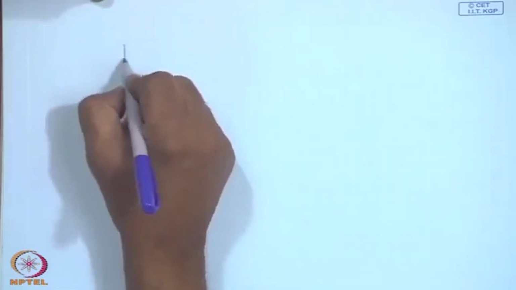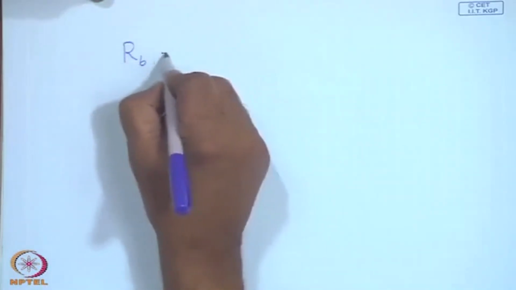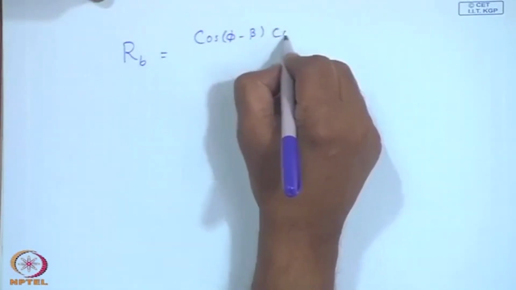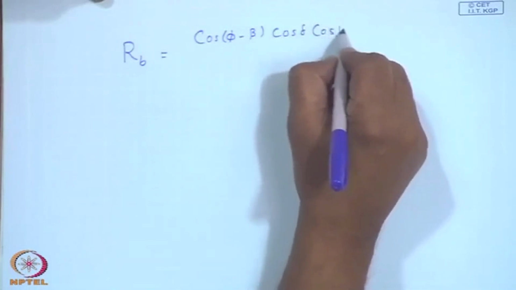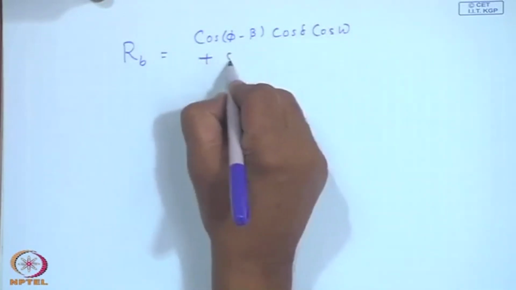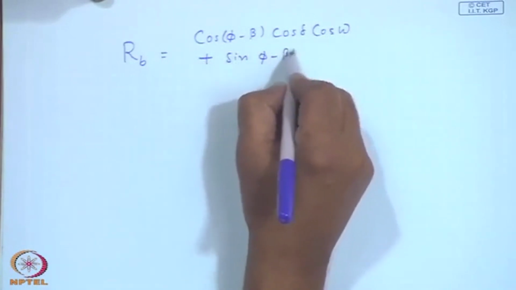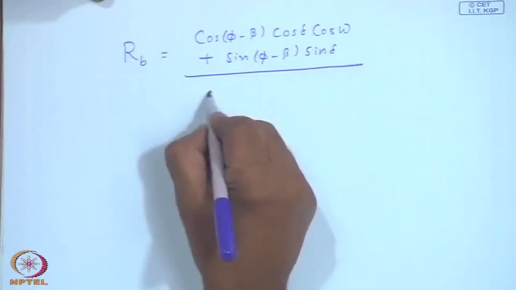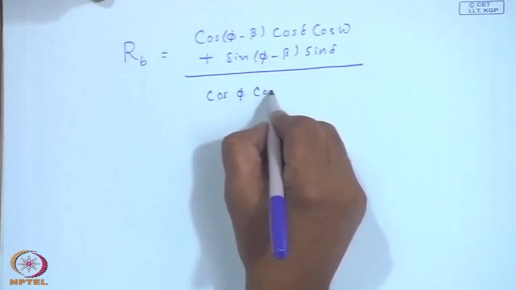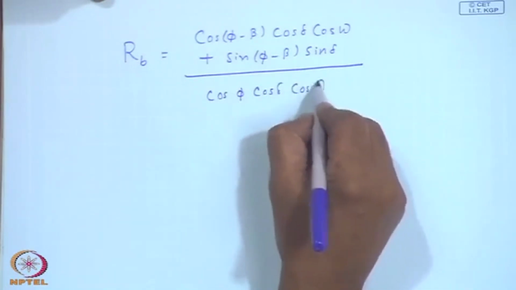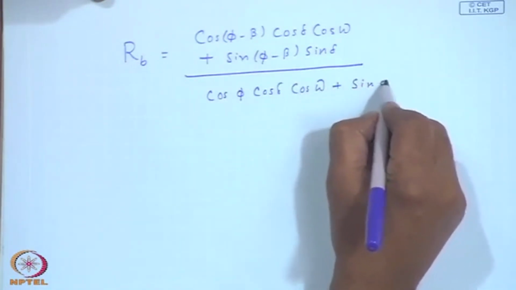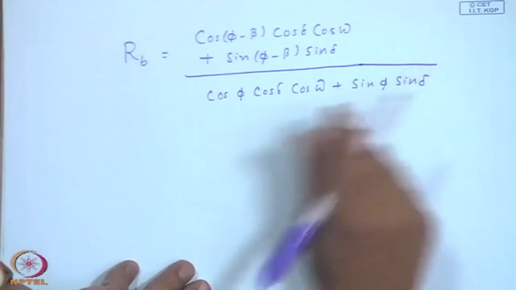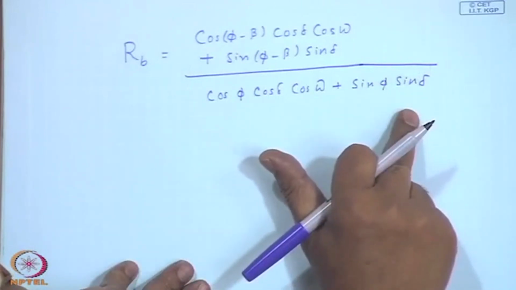So, now my RB can be written as. Easy way of remembering is this is cos theta z, which will not depend upon gamma.